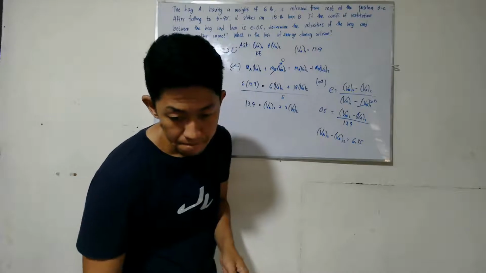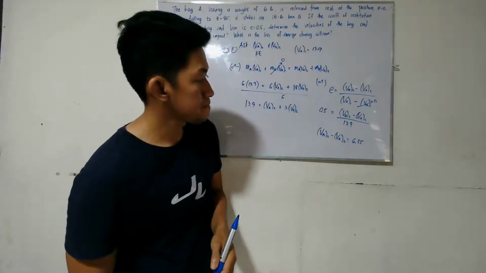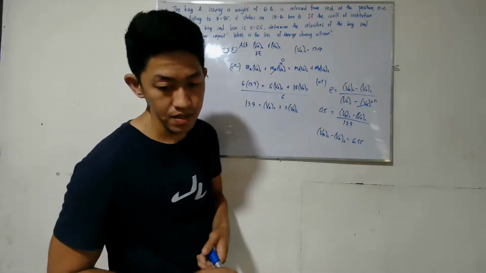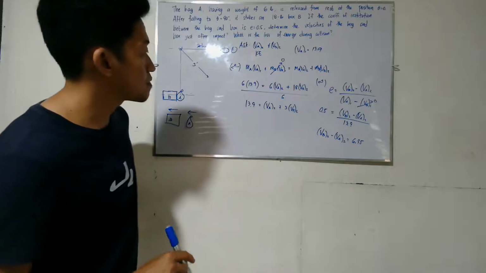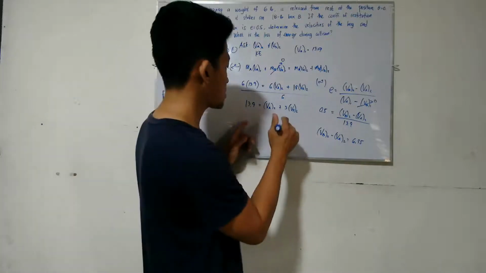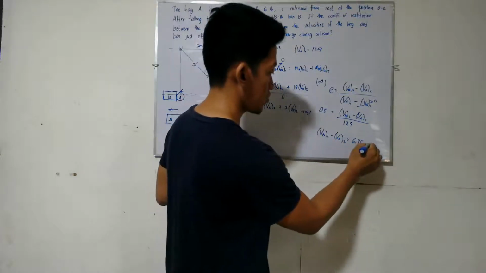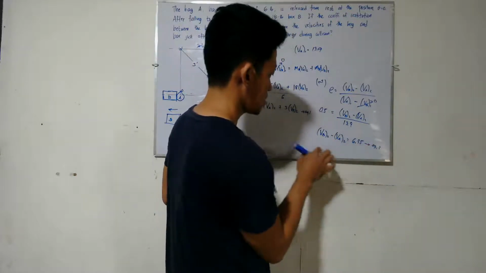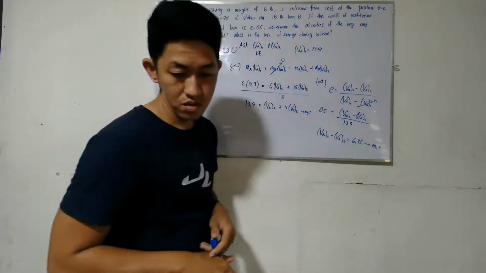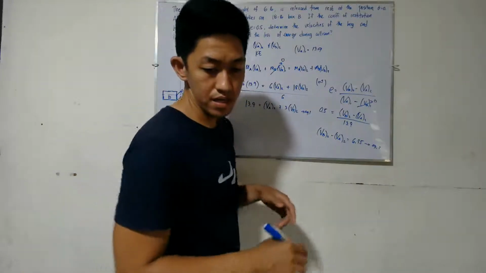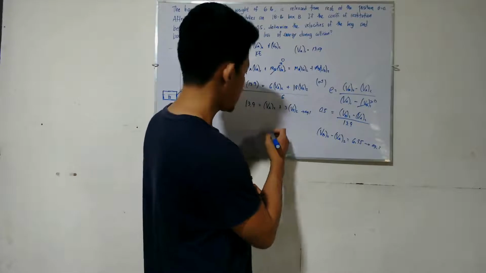Okay. So we now have two equations. So this is equation 1, equation 2, two equations, two unknowns. So using your calculator, you will get this one.